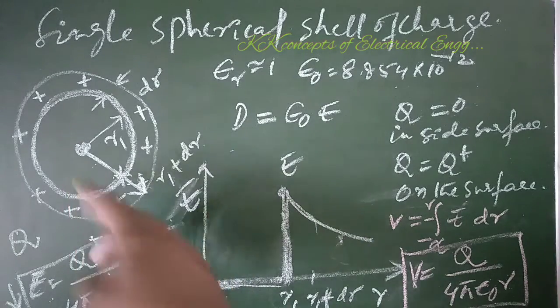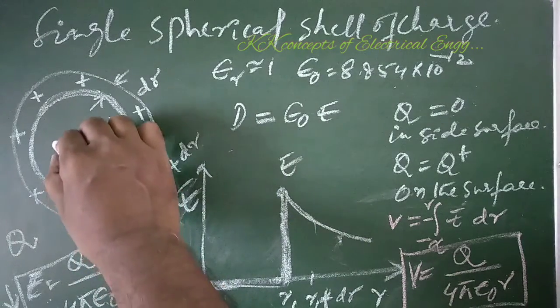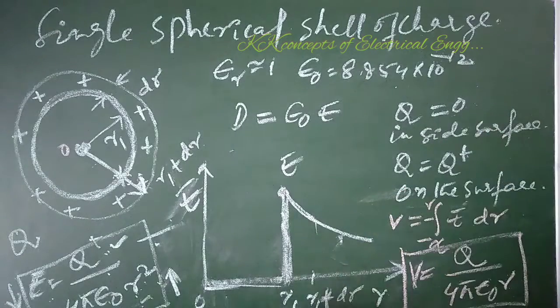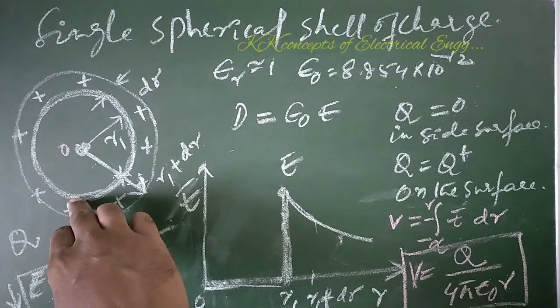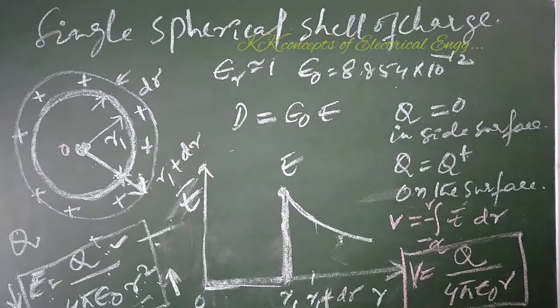At the center of the sphere, voltage is 0 since Q is 0, but at the surface of the sphere, voltage is this value. Then the difference between these two values is always the V.